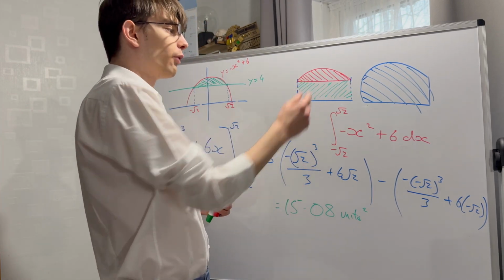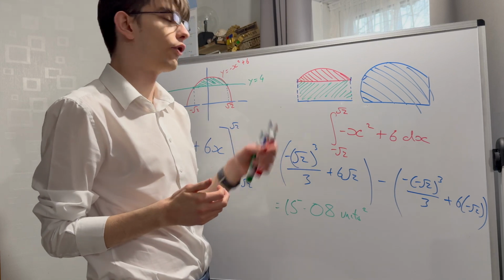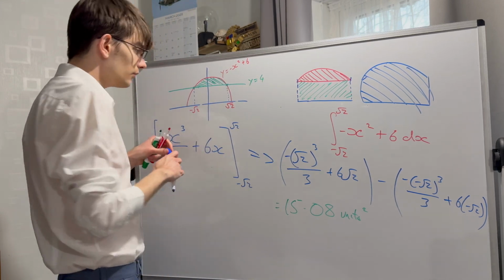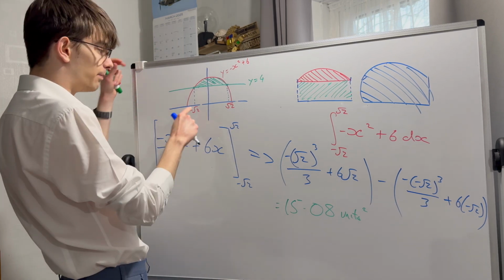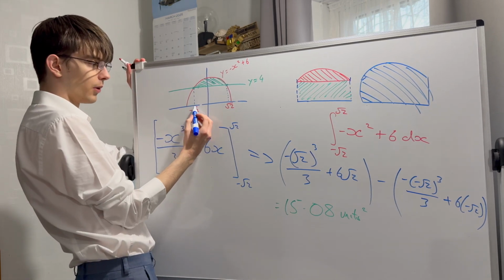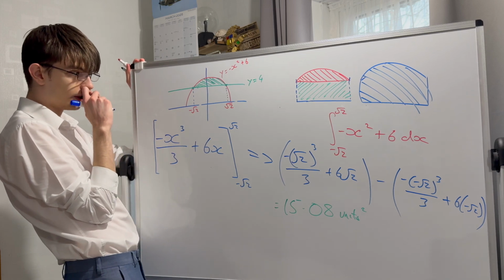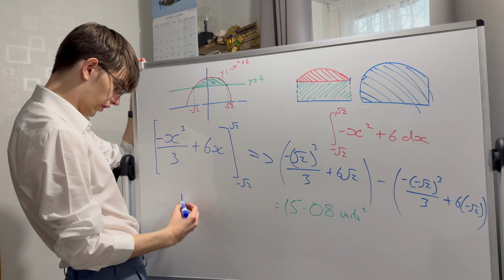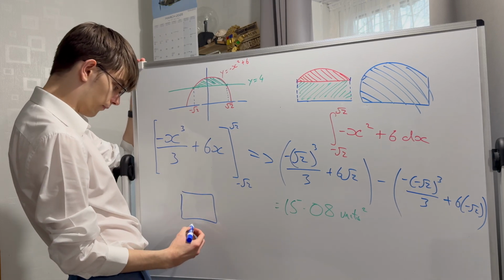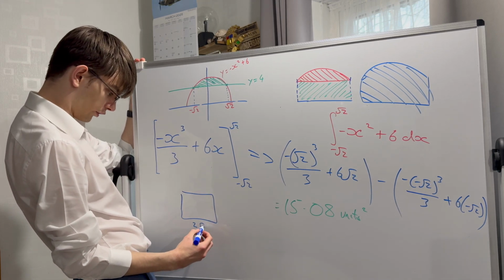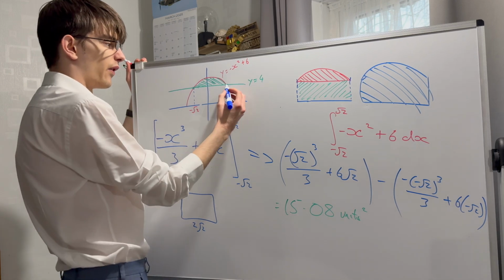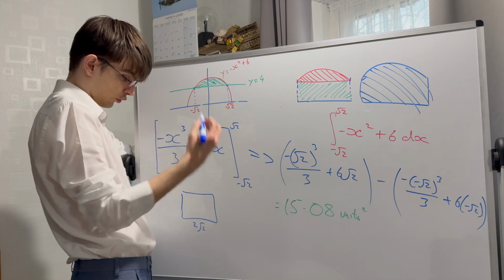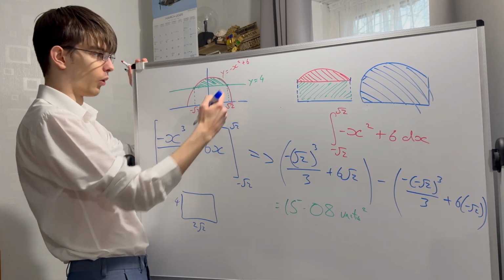So to get the area of my red, I need to subtract the area of the green. Well, that's just a rectangle. That rectangle is going to have a base of, well, we're going from minus root 2 to plus root 2, so it's going to be root 2 plus root 2. So I've got 2 root 2 down there. And then the height of my rectangle is going to be 4 because that's the definition of this green line, y equals 4.